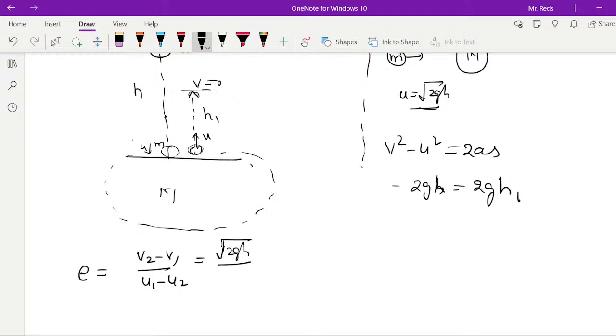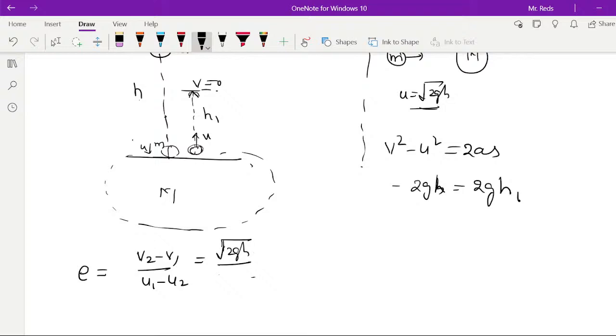And here u1 minus u2 is root 2gh. Here we can take the velocities. This is the final v2 minus v1, right?